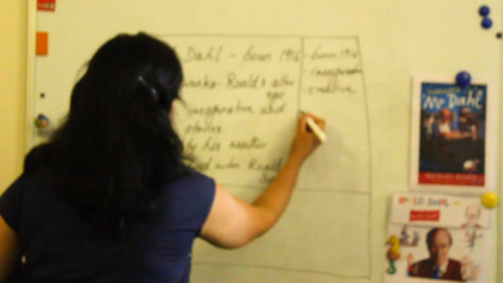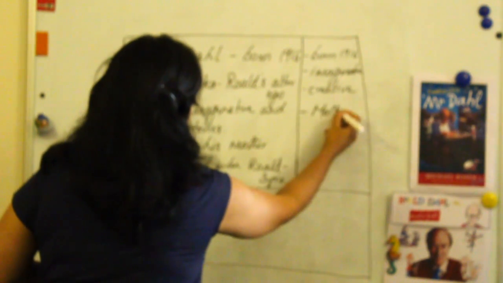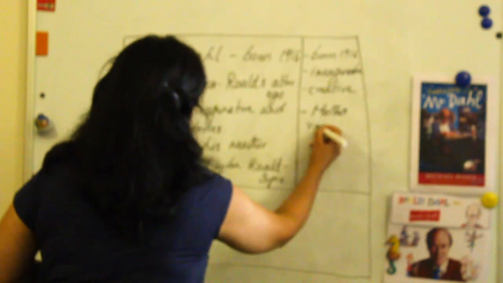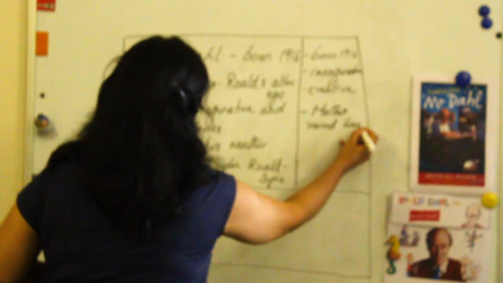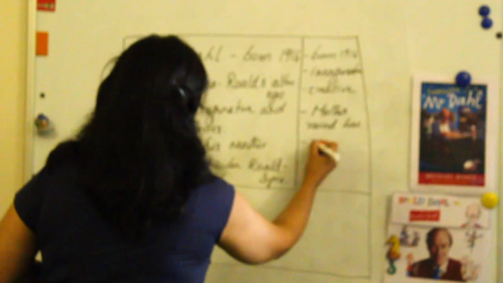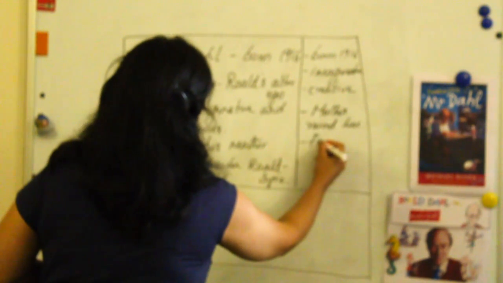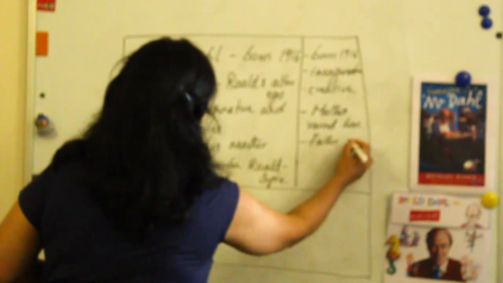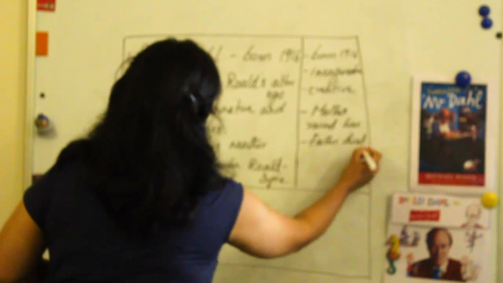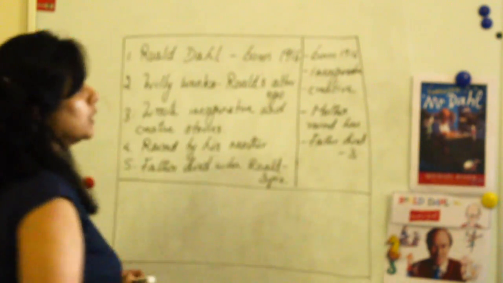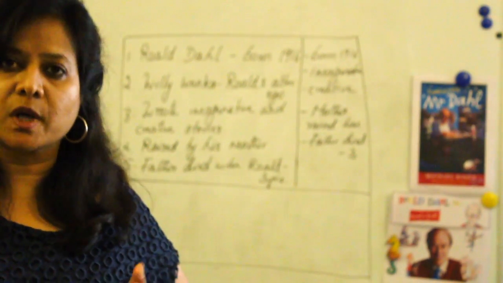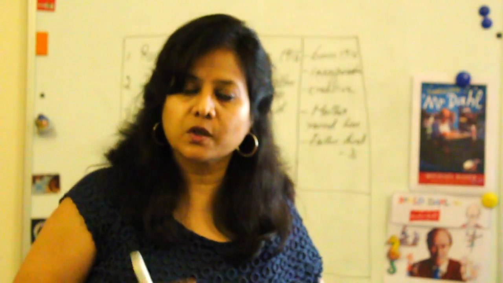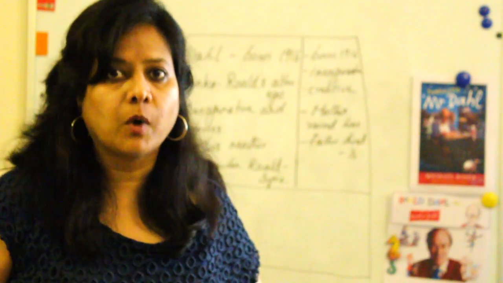So here we can write mother raised him, father died when he was 3. Now you could either do that, or since it's repetitive we could just write the new words on the right side of the smaller box.